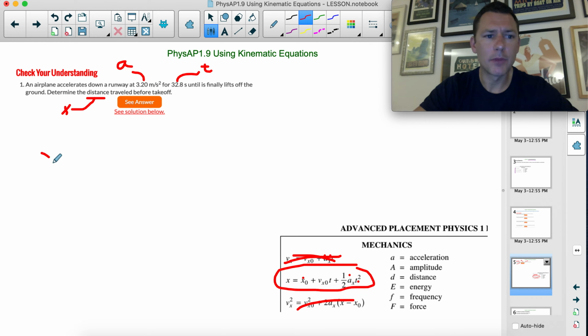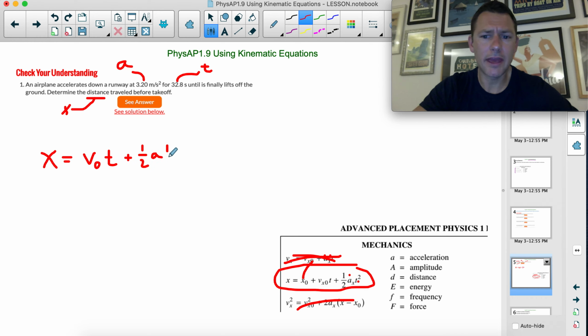I'm looking for x. This x naught lets us still use the equation if we don't start at 0, but I'm assuming the airplane starts at 0, so I'm going to choose x naught as nothing. This is v naught t plus 1/2 a t squared.